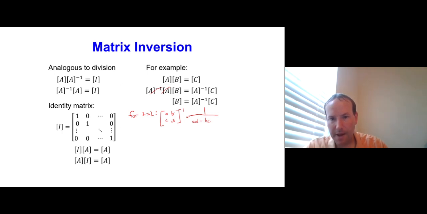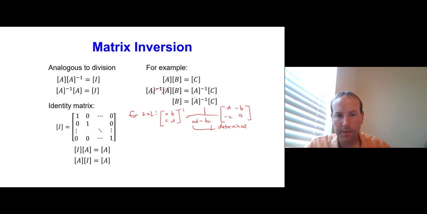Notice that that's the same type of pattern that we saw with determinants, and that's right, this is the determinant of that matrix. And that's not all. We then multiply by the matrix D, minus B, minus C, A. So it's a little bit scrambled compared to our original matrix. If you multiply this out, you calculate the inverse of this original matrix.